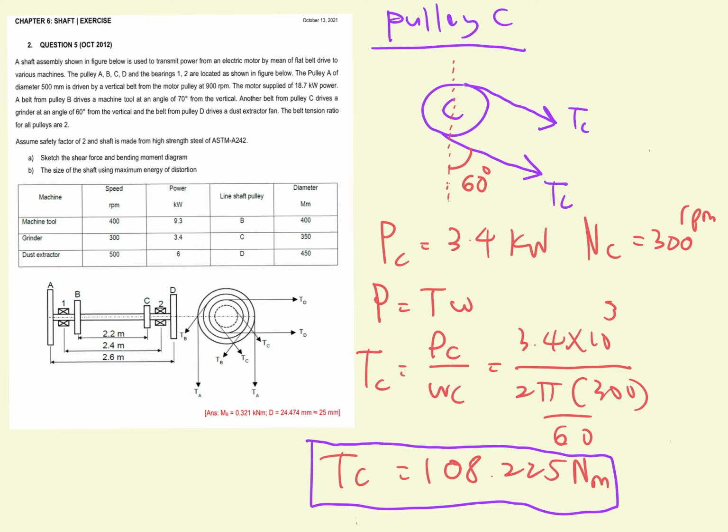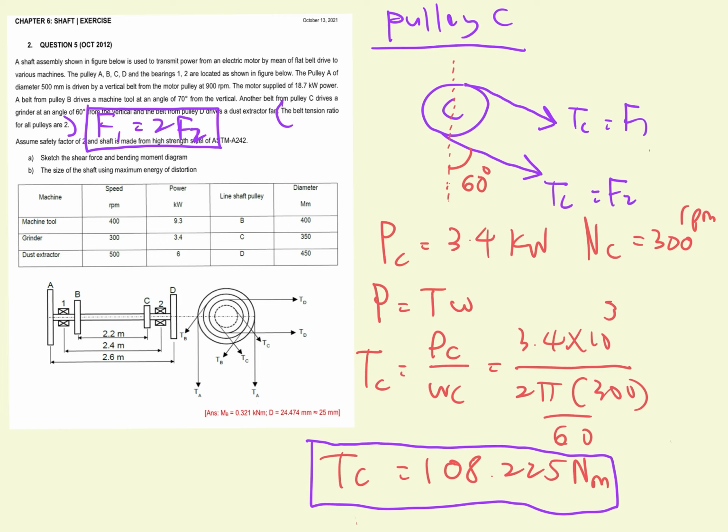From this torque at pulley C, we can find the value of F1 for the tight side and the value for the slack side. We will use the given information here, which is the belt tension ratio for the pulley. Let's say F1 is the tight side and F2 is the slack side.